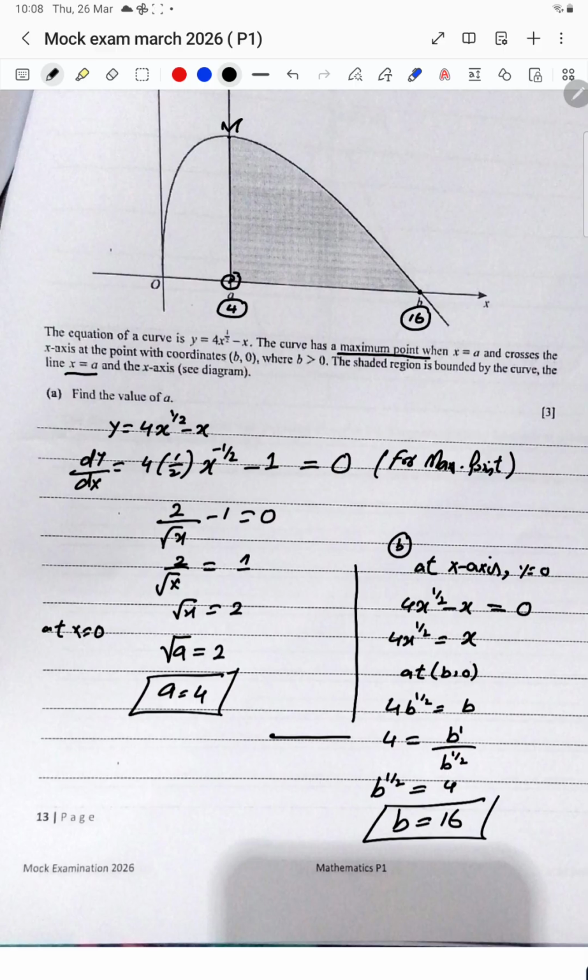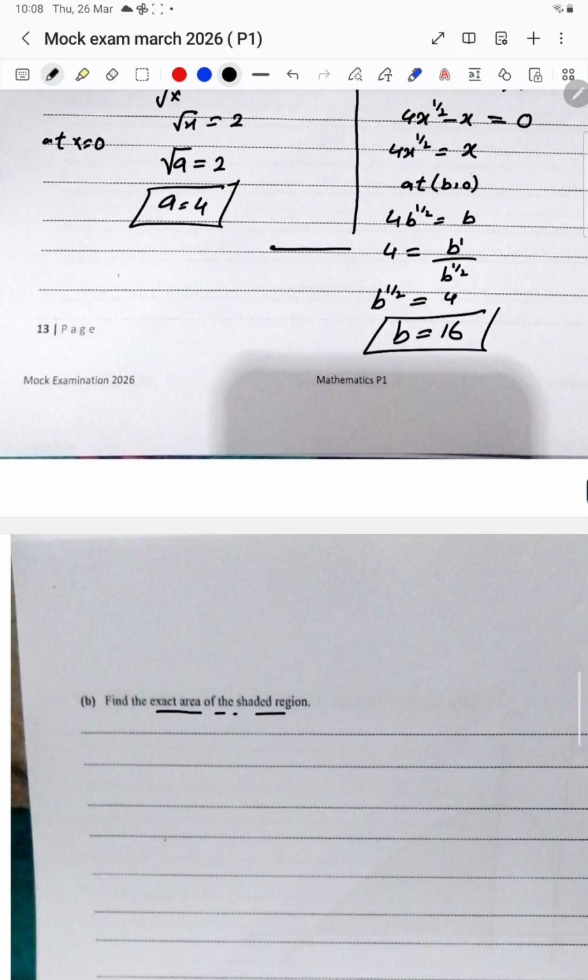So these will be the limits of the curve for the exact area of the shaded region. The area limits start from A till B, and it is lying between the curve and the line x equals a. So you can say this is y dx, the shaded area.